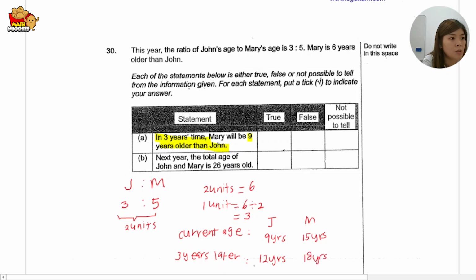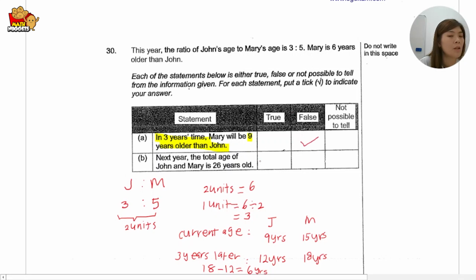So the difference, 18 minus 12, would be 6 years. So in 3 years time, Mary will be 6 years older than John. In this case, the answer here is false. So we put a tick here.